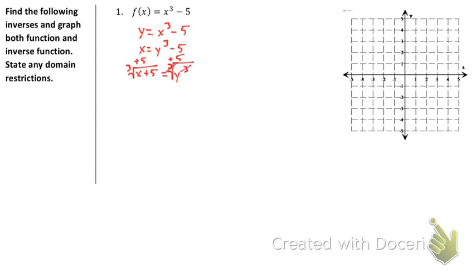These cancel out. y equals the radical 3, or root of 3, of x plus 5. And then we turn y into f of negative 1 of x. All right, so that's my inverse.